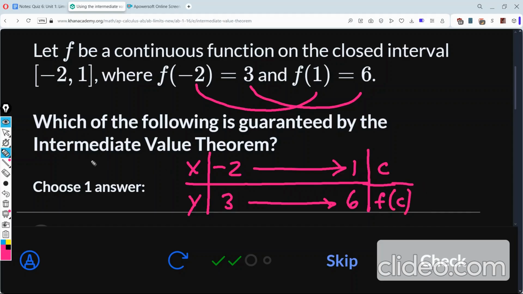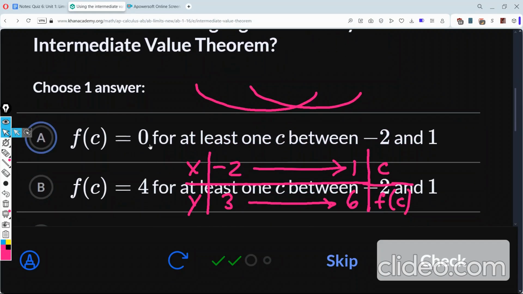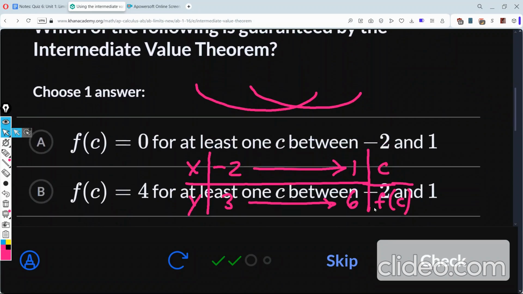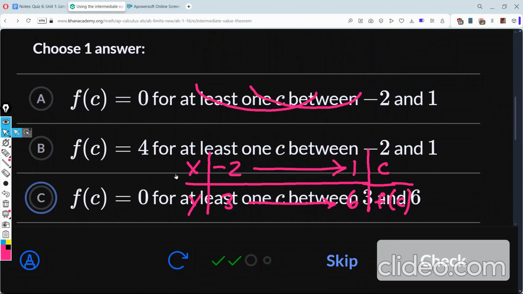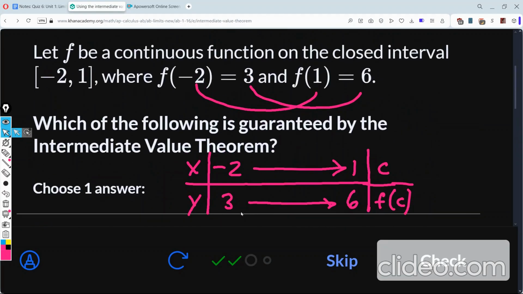So let's check out their choices here. If you scroll down, f of C equals 0. Is that possible? Well, no. We said f of C is between 3 and 6. So f of C equals 0 is no good. f of C equals 4? Yes, that's possible. We said f of C is between 3 and 6.